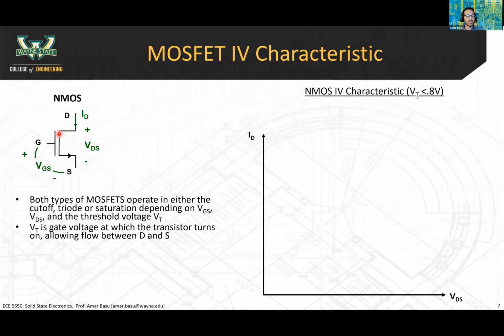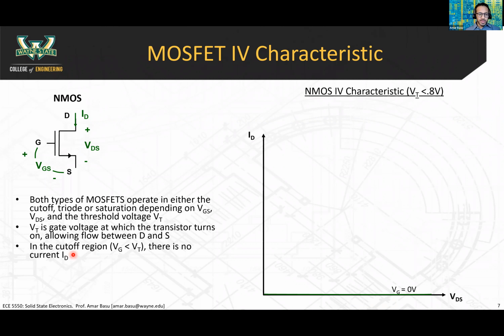So if the gate voltage is not greater than the threshold voltage, then your current voltage characteristic is going to be in the cutoff region, and it's going to look something like this. The green line looks like this for VGS equal to 0 volts. Regardless of what voltage you apply on the drain side, this channel is blocked. So it's an open circuit. Nothing will flow through there.